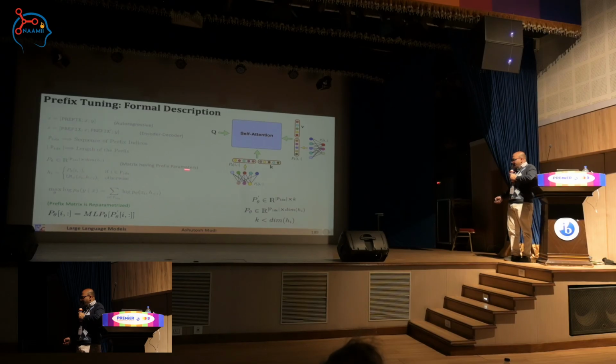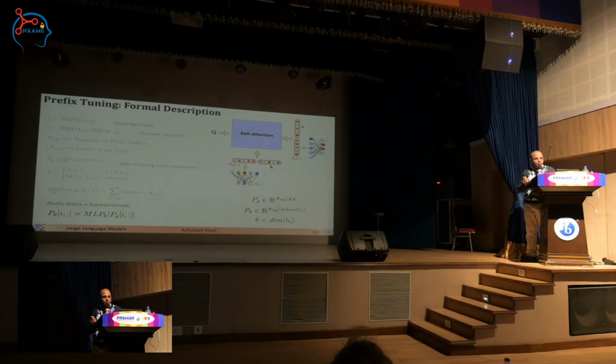Otherwise, if you just directly use this prefix vector, it doesn't train well, and it's not stable. It could be the case that the key is in some space, and the prefix vector that you have attached may not align with that space, and then there would be some sort of misalignment, and it may not lead to stable training. So this MLP helps to map it to a space which will help in training.